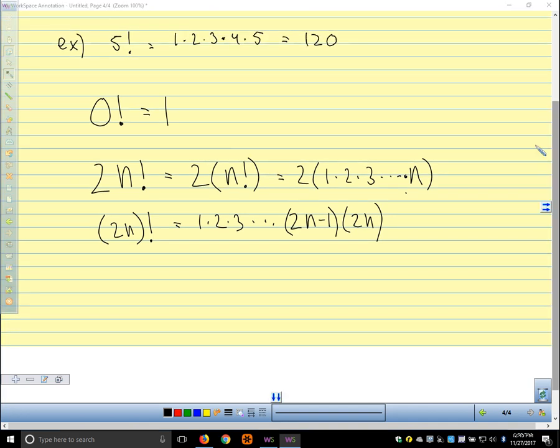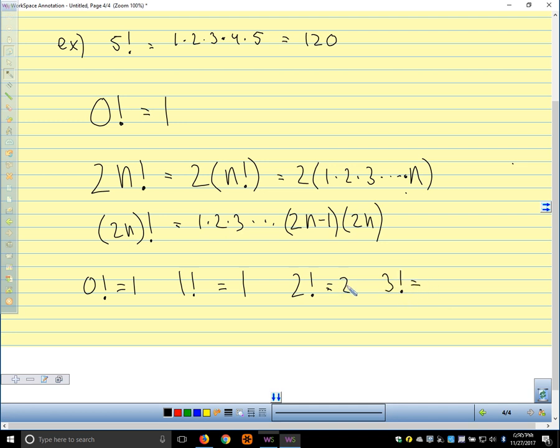So let's look at some factorials. We know that 0 factorial is 1. That's by definition. What is 1 factorial? 1. 1 times 1 is just 1. 2 factorial? 2. 1 times 2 is 2. 3 factorial? 6.